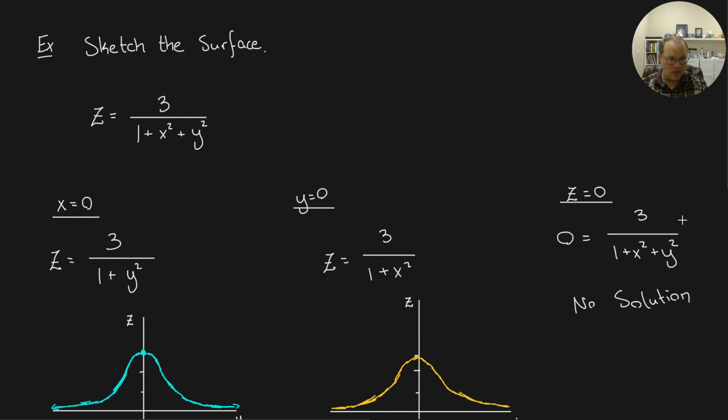If you want a little bit more convincing, if I multiply both sides by the denominator, on the right-hand side, these guys cancel. I just get 3. On the left-hand side, 0 times this is just 0.